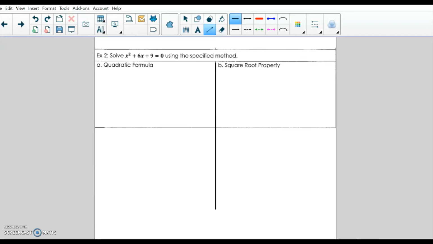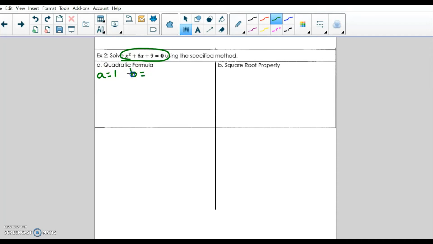Okay, so let's try another example. So this equation is set up ready for us. It's in standard form. We can see that A, B, and C exist, and it's equal to 0. So A will be 1, B will be 6, and C is 9.